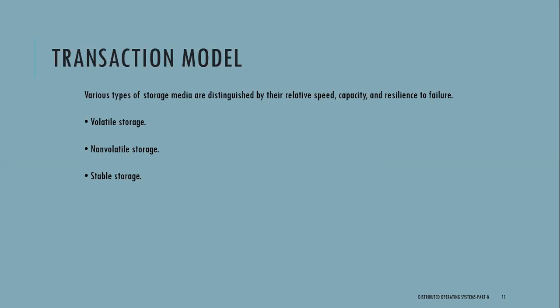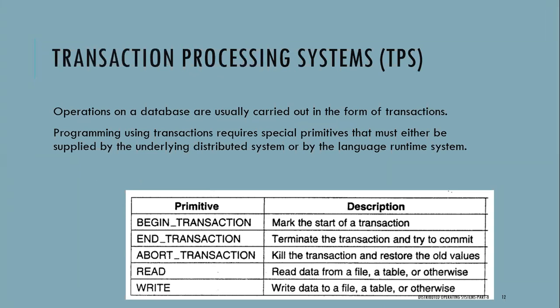Transaction model. Various types of storage media are distinguished by their relative speed, capacity, and resilience to failure. The first one is volatile storage, then non-volatile storage, and stable storage. Transaction processing system. Operations on a database are usually carried out in the form of transactions.